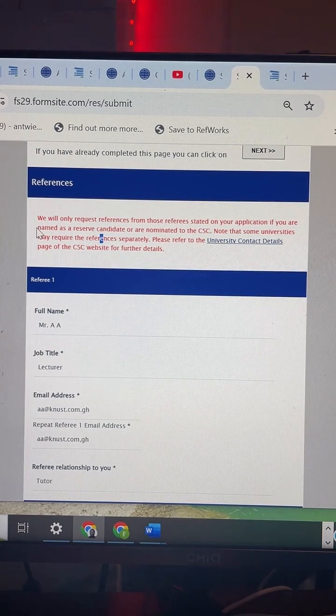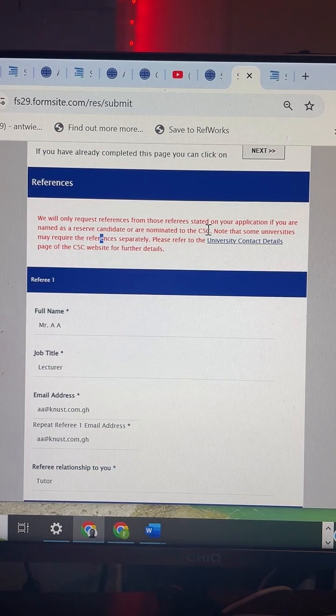In next year, when you've done your application, once you see that there is an email requesting for reference, that means that you have been selected or you have been nominated by the Commonwealth Shared Scholarships, and so they want to just read your reference to make sure that they are giving the award to the right candidate.